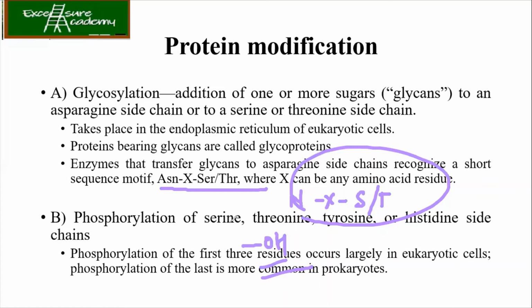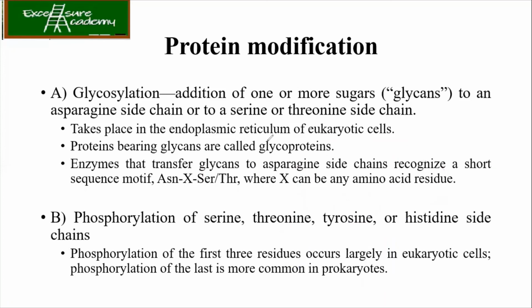Now, where does all this happen? It all happens in the ER of your eukaryotic cells, whereas in the case of histidine, it happens in the prokaryotes. Is it clear? Can you remember this? So all your glycosylation and phosphorylation occurs in the ER.